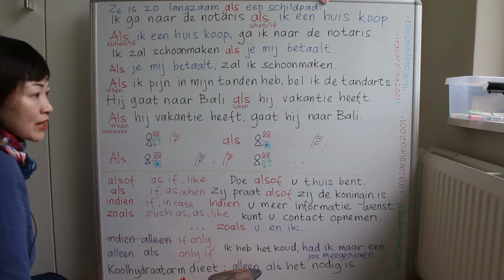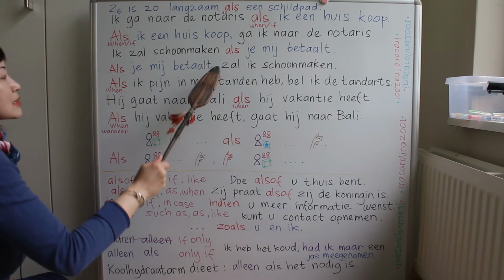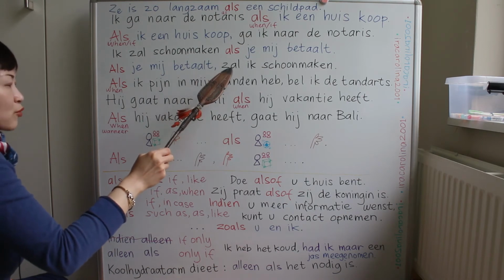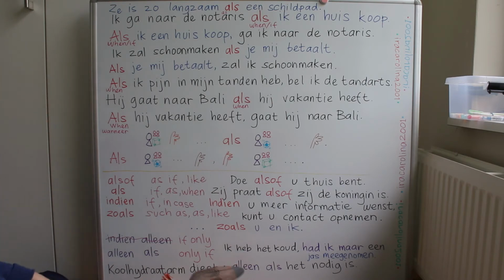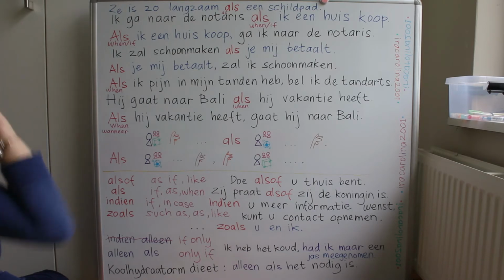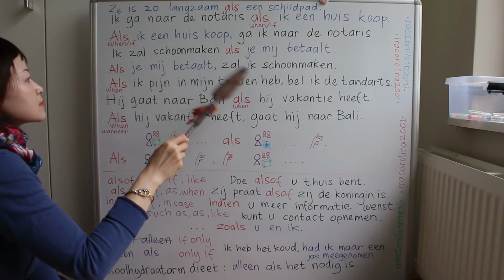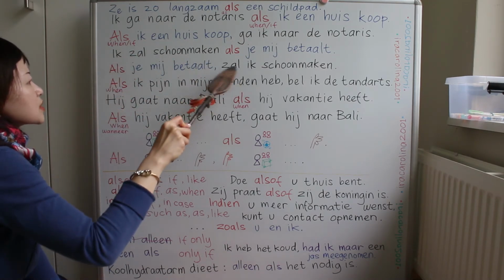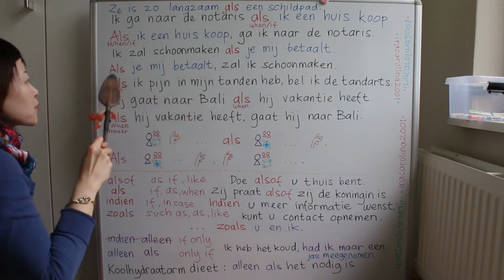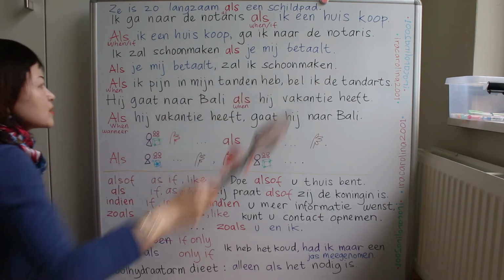Basically it's I will do the cleaning, but if you read it word by word, will I clean, but basically I will clean. We switch after the comma if you put als in the beginning. Zal ik schoonmaken.